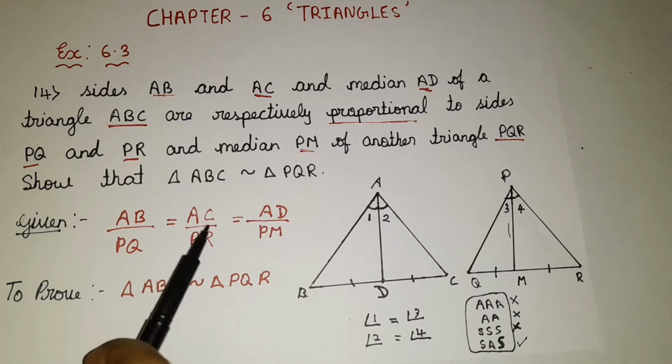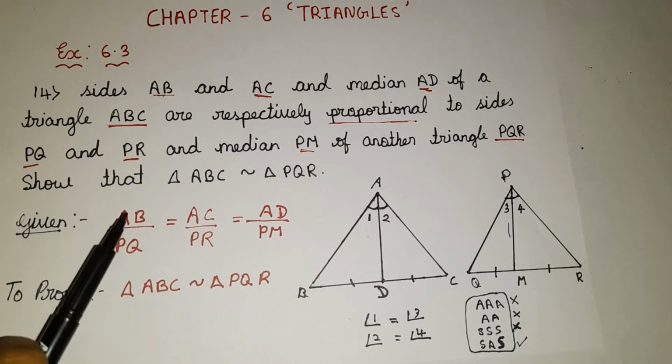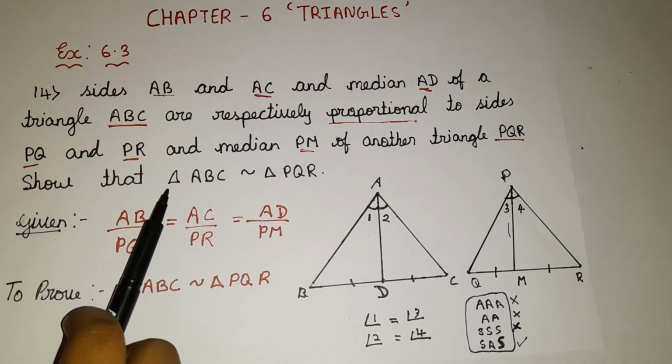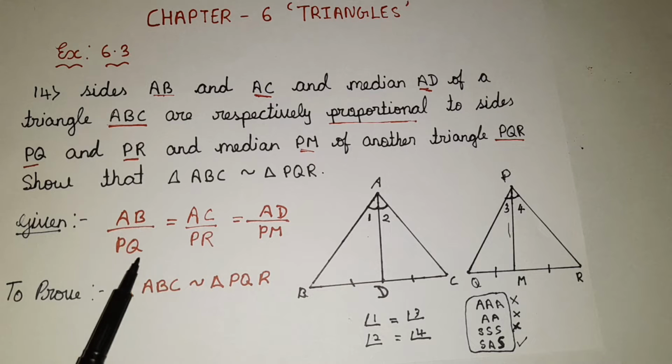Now I have 2 sides information and 1 angle information, but the twist here is, we can't just write directly like that. I can't just take directly that in triangle ABC and triangle PQR, AB by PQ is equal to AC by PR, and then angle 2 is equal to angle 4.